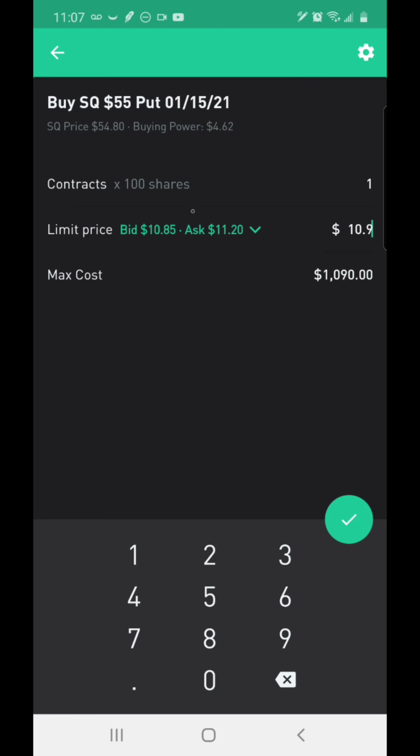You increase that, so your bid will be bumped up in front of the $10.85 bid, and you increase your chances of your bid being picked up and you getting into the option a lot sooner.